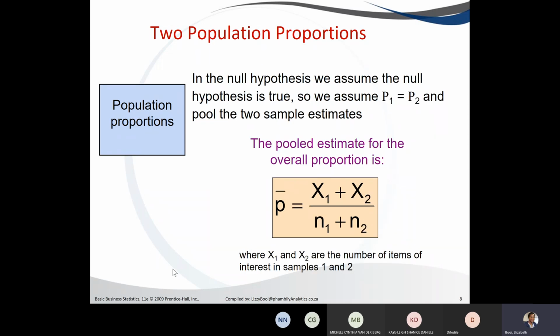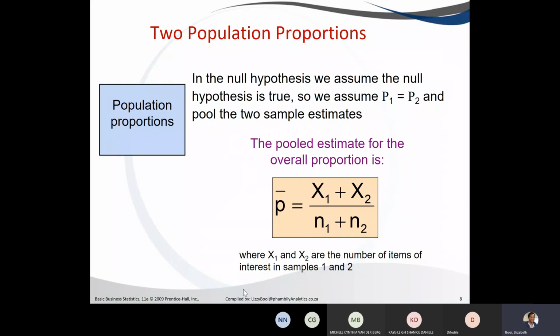You will have to calculate this pooled estimate before you calculate your Z. The formula for the pooled proportion is your X1 plus your X2 divided by N1 plus N2. So your observations from sample 1 plus your observations from sample 2, divided by your sample size 1 plus your sample size 2.